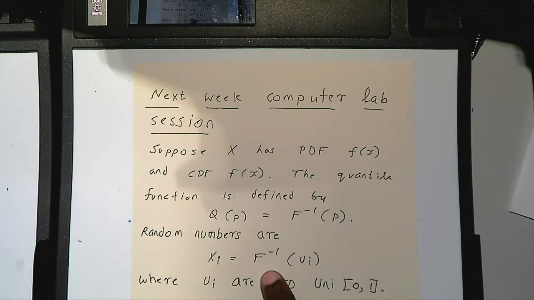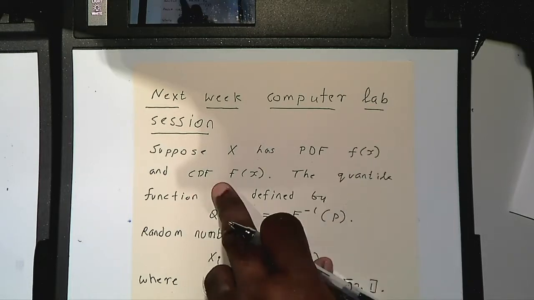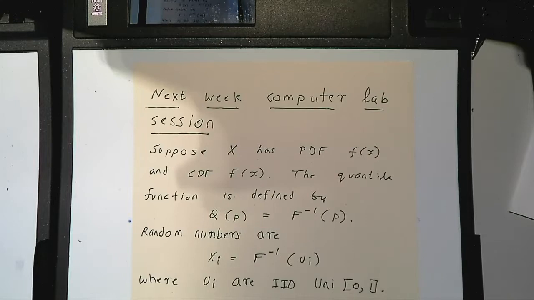So X_i is F inverse at U_i. The U_i are IID, independent and identically distributed uniform random numbers on the interval 0 to 1. So the X_i that you get are random numbers from a specific distribution that has the PDF f and the CDF capital F.